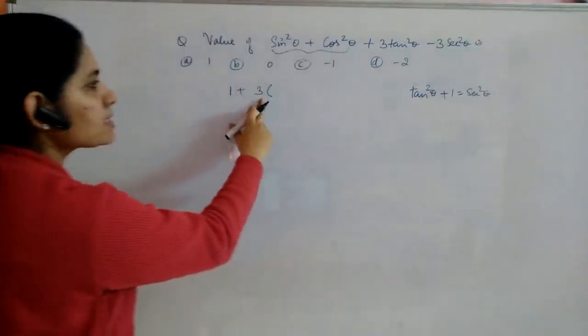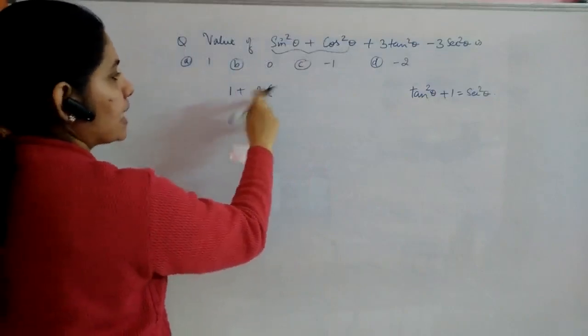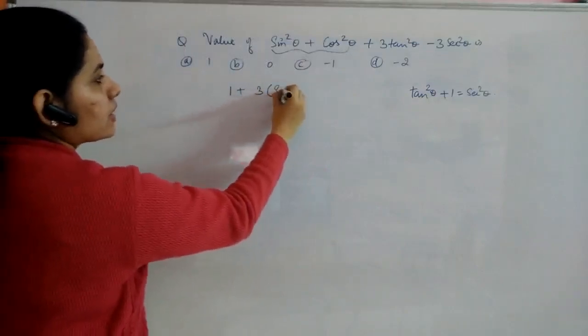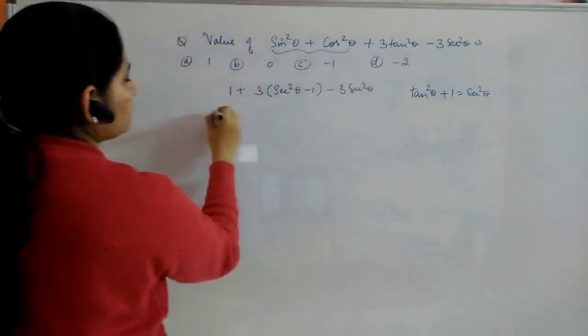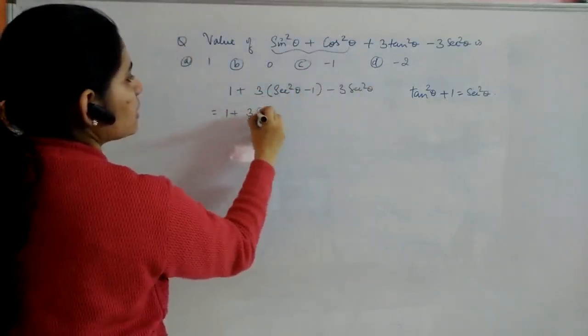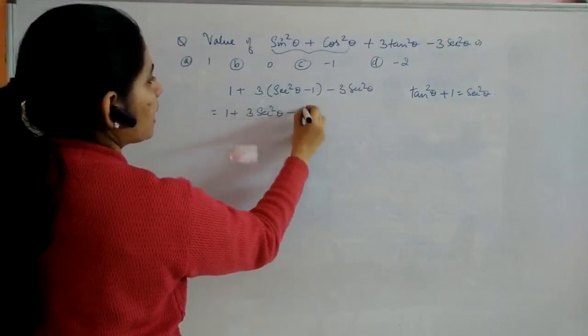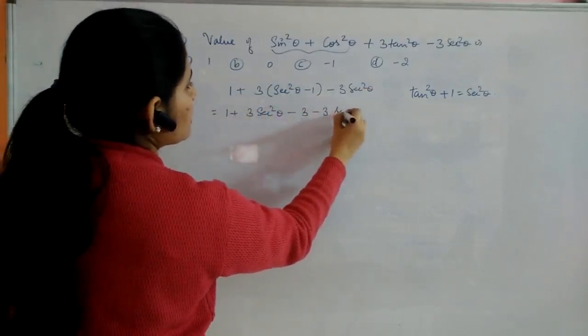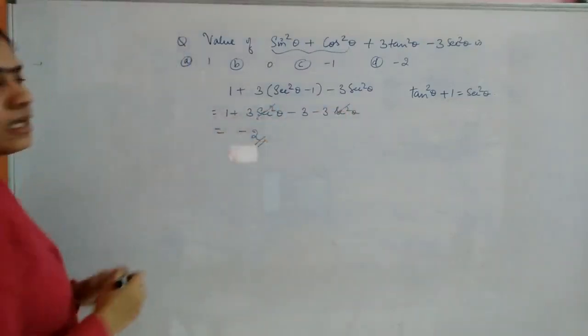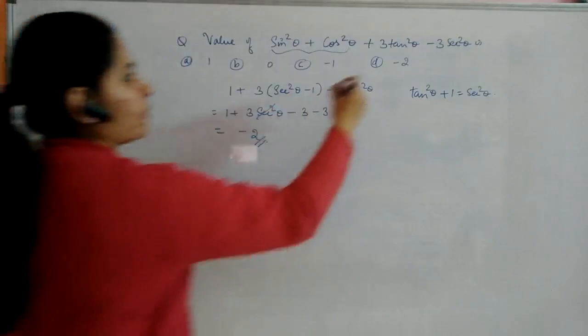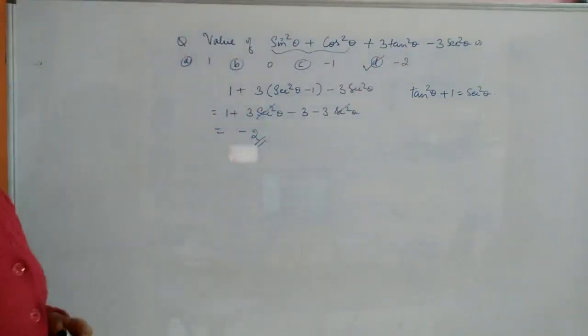So if I replace tan square, I will get sec square theta minus 1 minus sec square theta. So 1 plus 3 sec square theta minus 3 sec square theta. This will get cancelled and you are getting the answer to be minus 2. Option D.